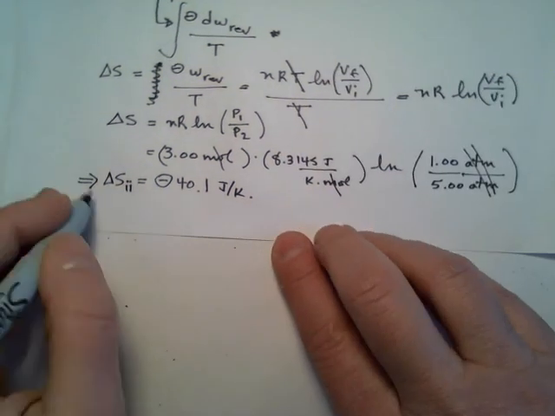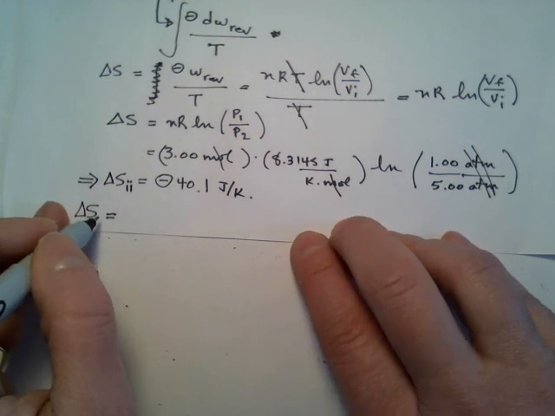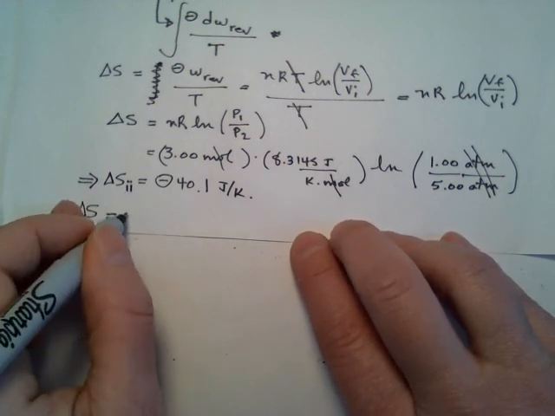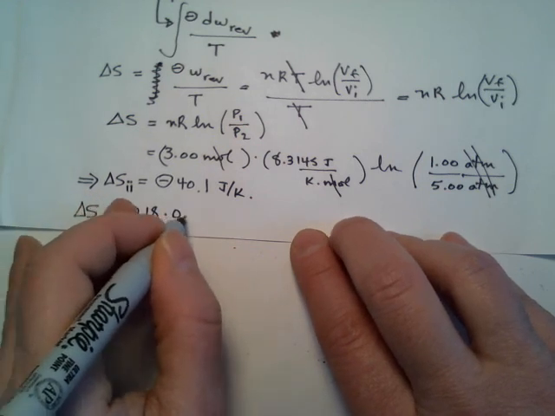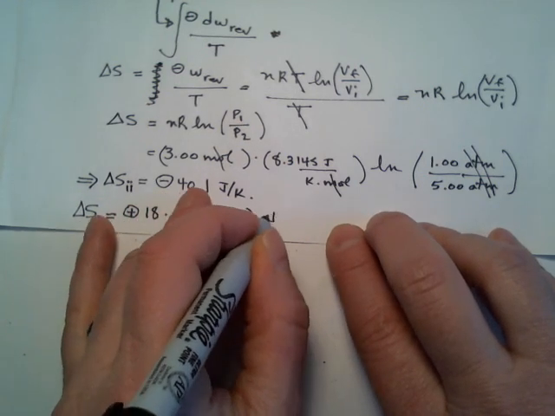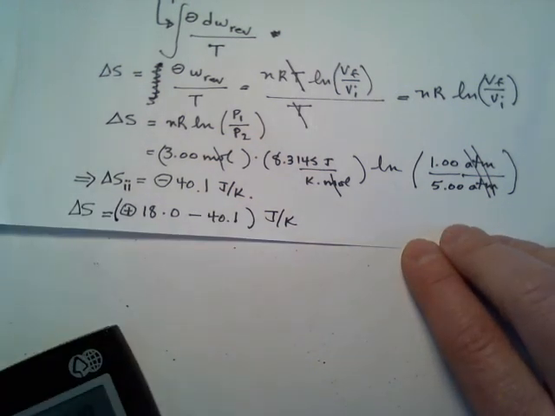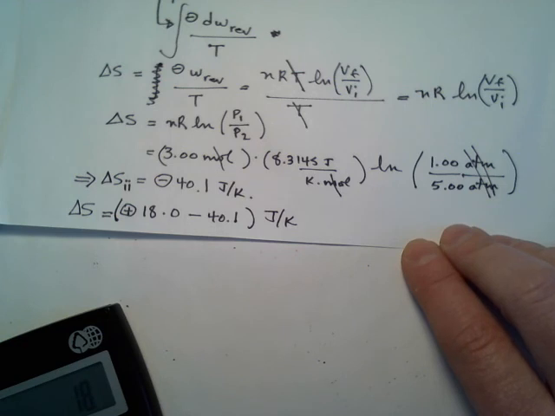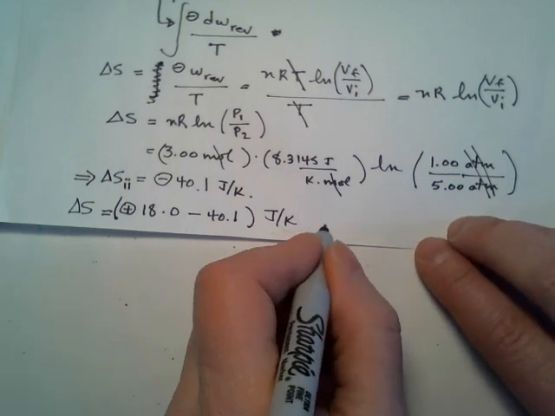So the answer to the question completely now is the delta S I plus the delta S II. And so that is a positive 18.0 plus a negative, or minus, 40.1. And it's all in joules per Kelvin. So I have basically 18 minus 40.1. Yeah, the difference is 22.1.